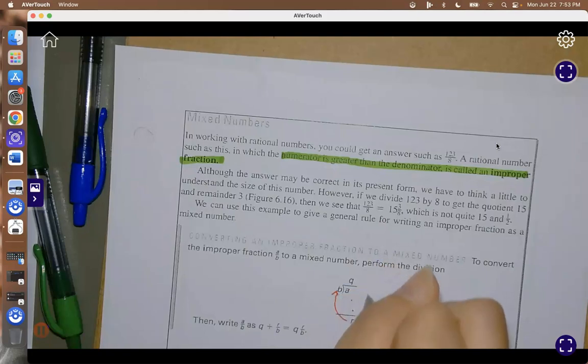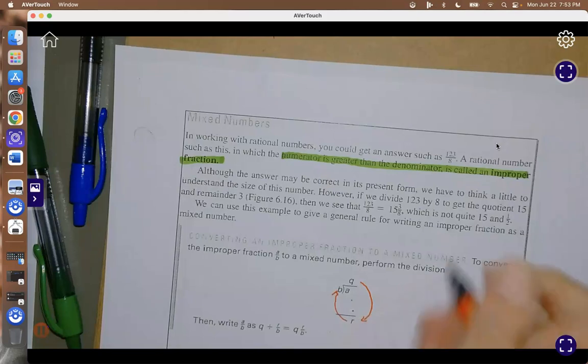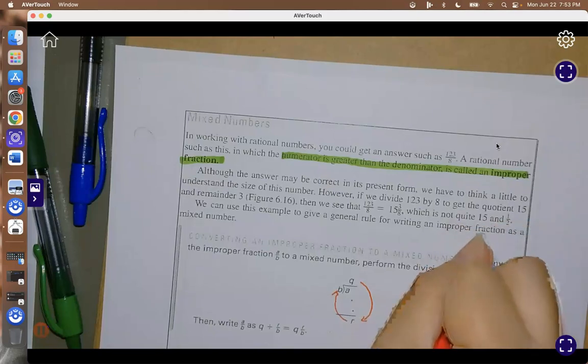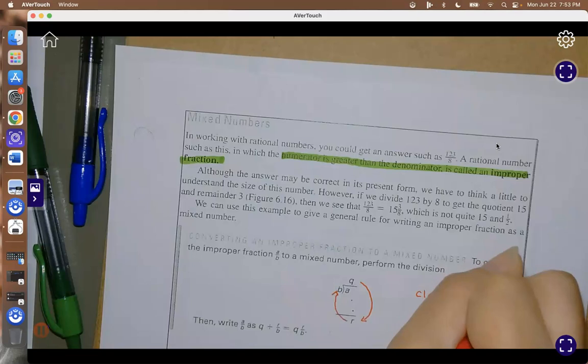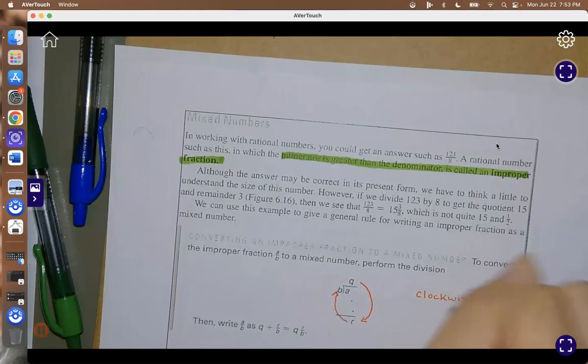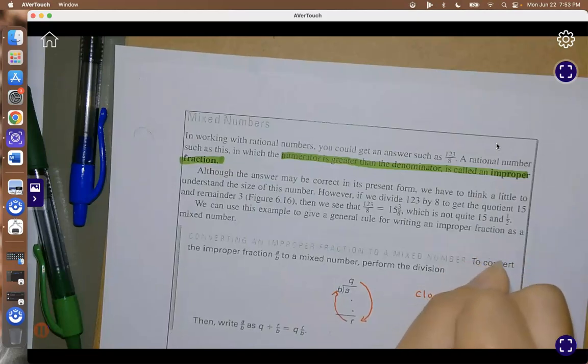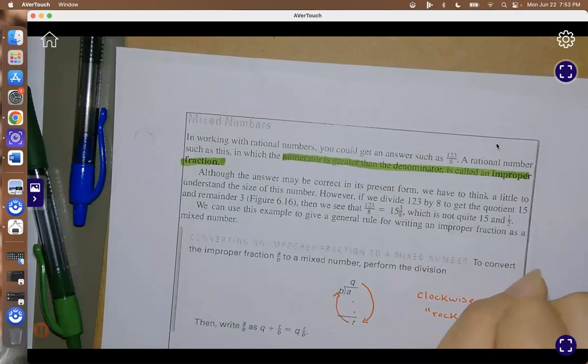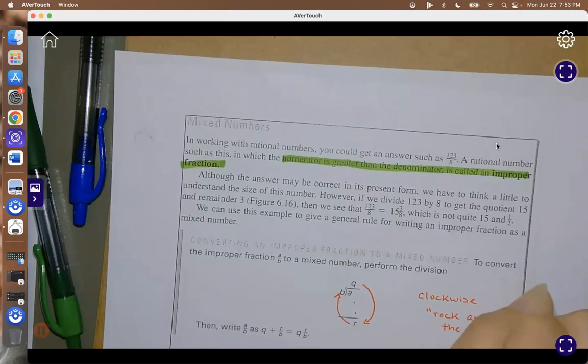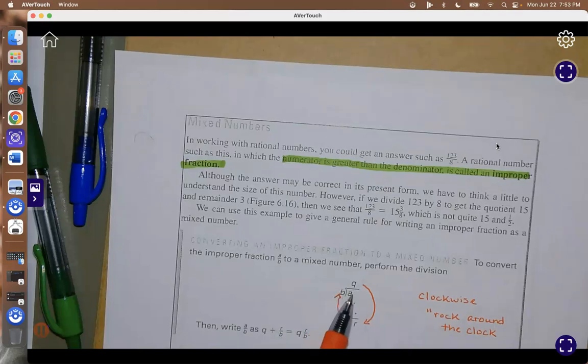the way we write it, some of you might have learned this when you were learning it. We work in a clockwise manner. Some of you might have learned it as rock around the clock. So B went into A Q times with R left over.